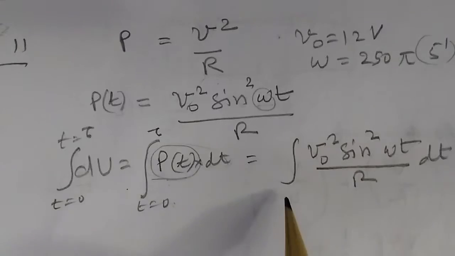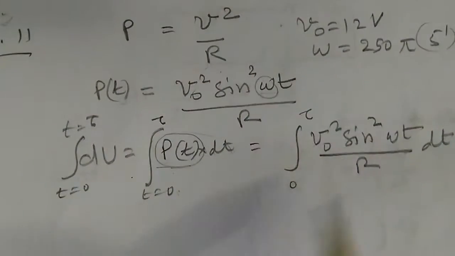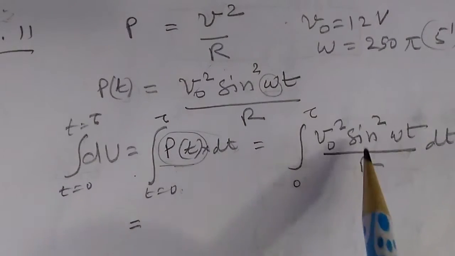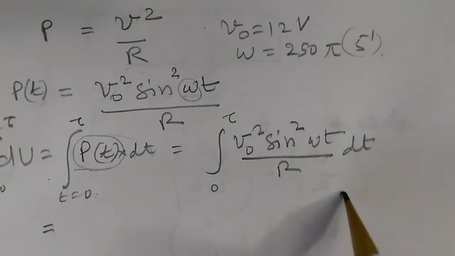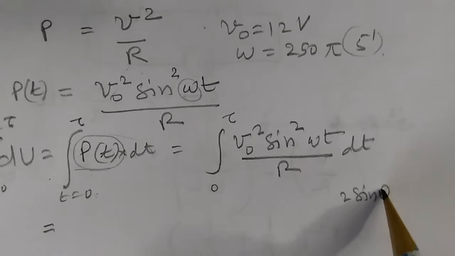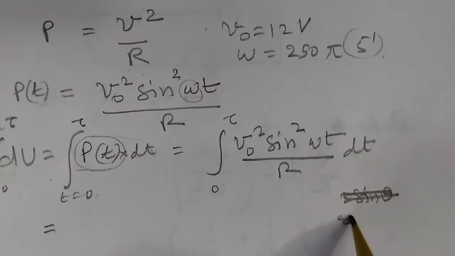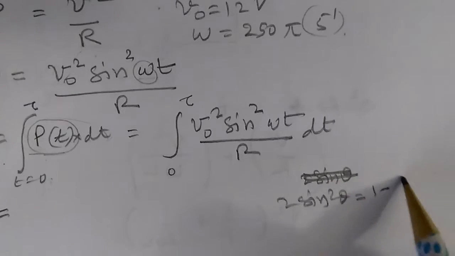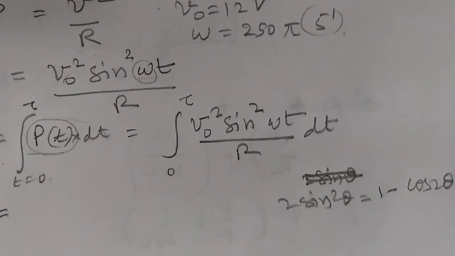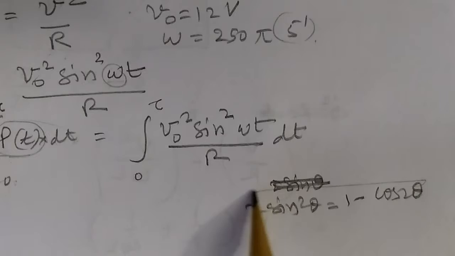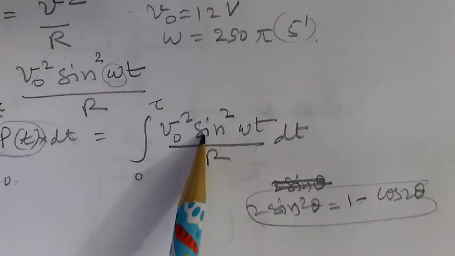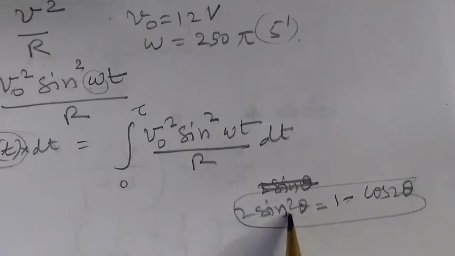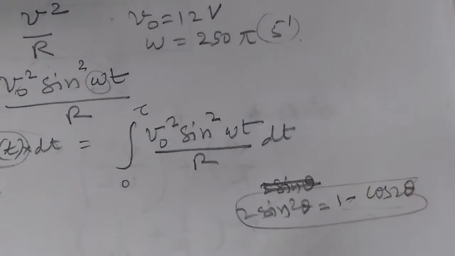Now to integrate this from 0 to tau, sine square theta can be written using the formula 2 sine square theta is equal to 1 minus cos 2 theta. So sine square theta is equal to 1 minus cos 2 theta divided by 2.